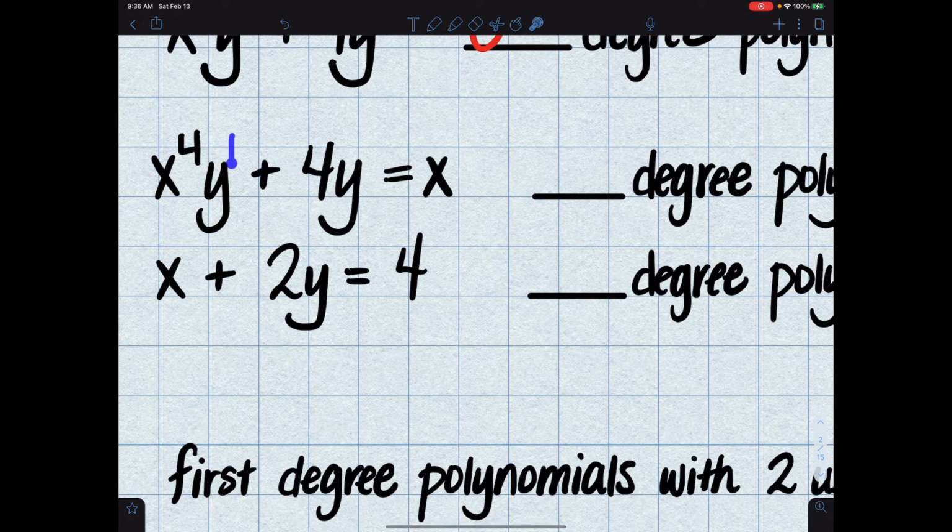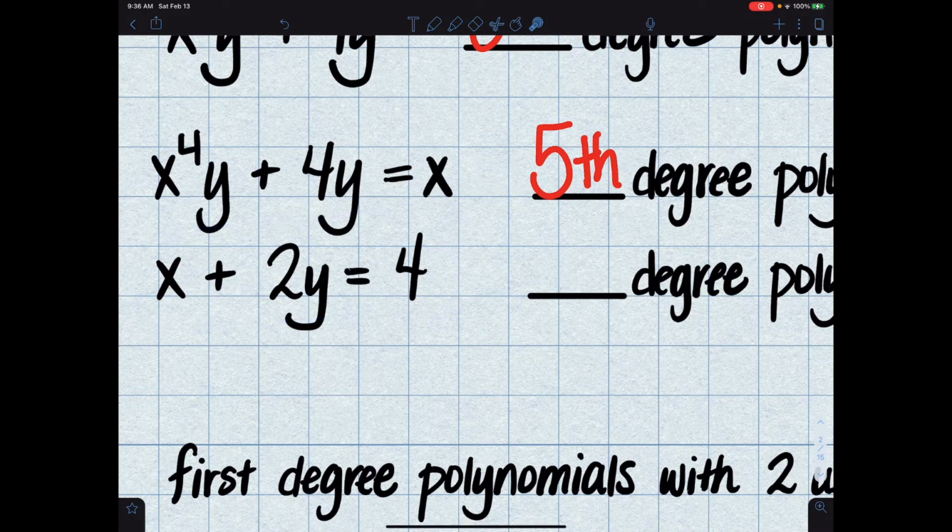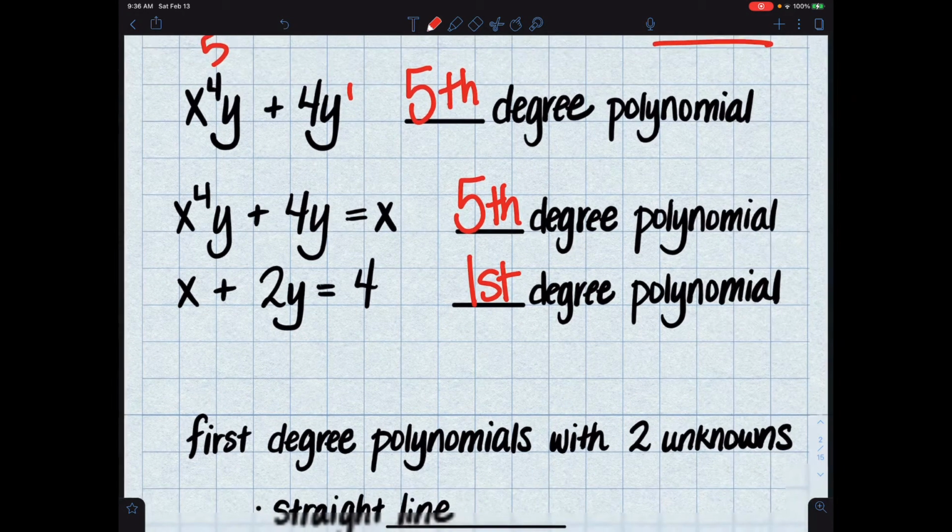That's going to be a 4 and a 1. So this one's also a fifth degree polynomial. It's the same as the one above. Okay, let's look at this last one. This is the whole polynomial right here. This one has a 1, this one has a 1, so they tie, and all you get is a first degree polynomial because it's a tie between those terms.